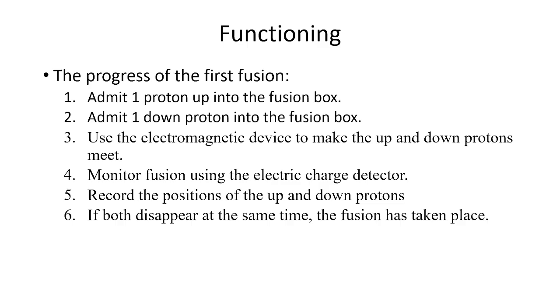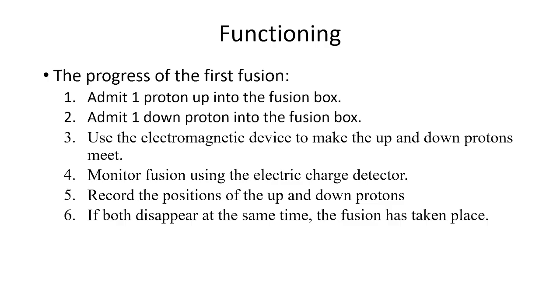Functioning. The process of the first fusion. 1. Admit one proton up into the fusion box. 2. Admit one down proton into the fusion box. 3. Use the electromagnetic device to make the up and down proton meet. 4.